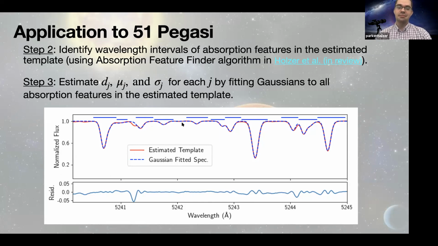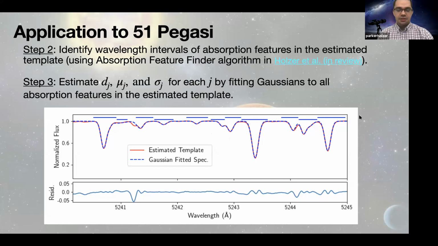In reality, if you look at the physical models, you'll find that that's basically never exactly true. But if you look at the fitted Gaussian spectrum in dashed blue here, you'll see that it actually does a pretty good job of approximating the template spectrum. So it's never exactly true that they're Gaussian shaped, but it sure is close.